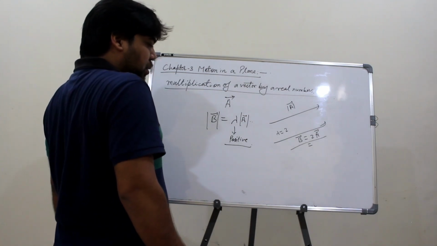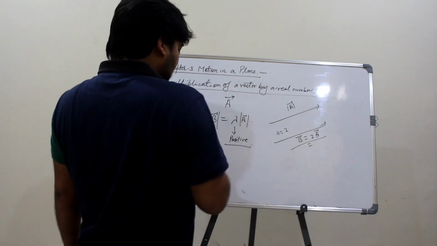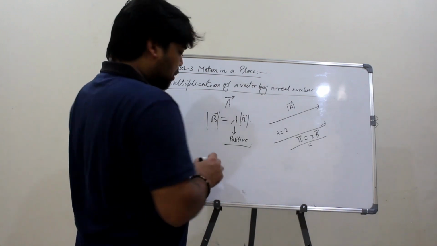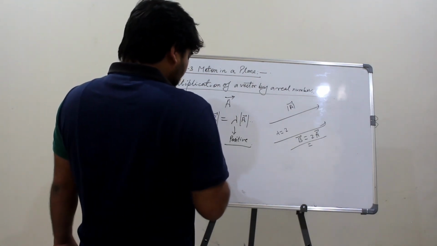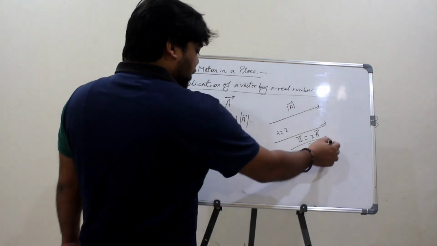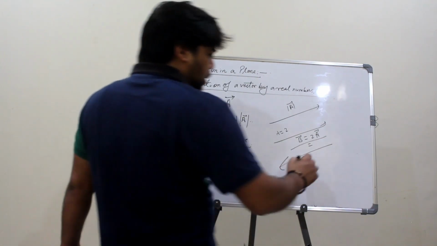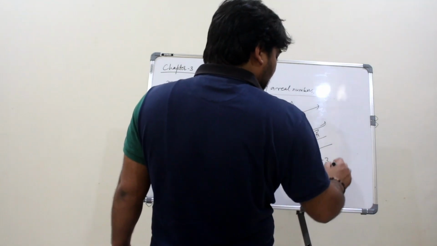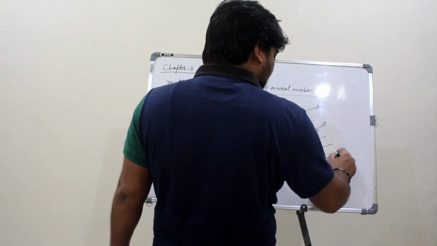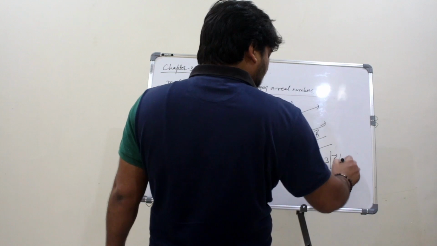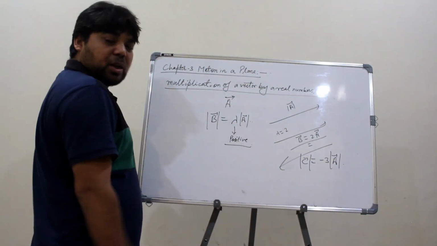But what happens when lambda is negative? In that case, let us take another vector C defined as minus 3 times A. It means that mod C is 3 times mod A, but with a negative direction.